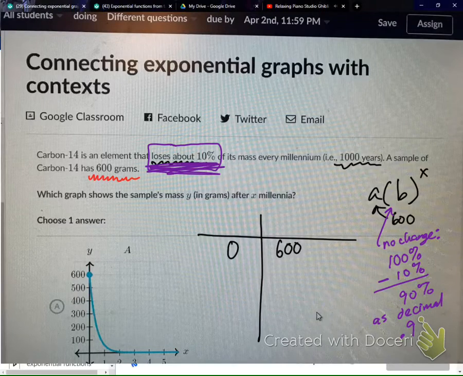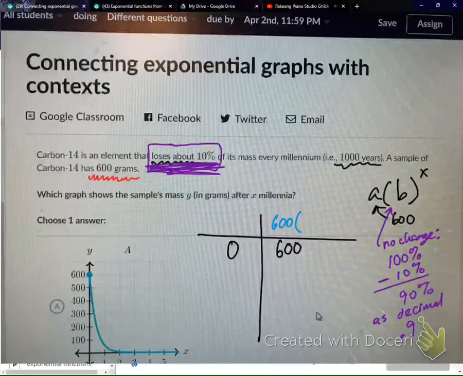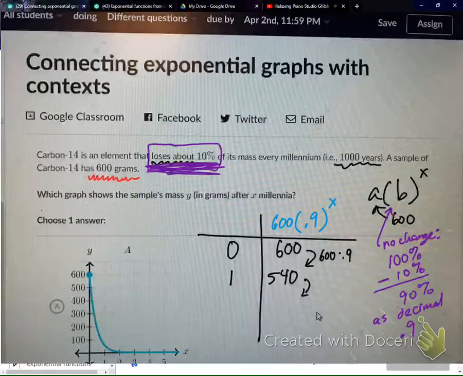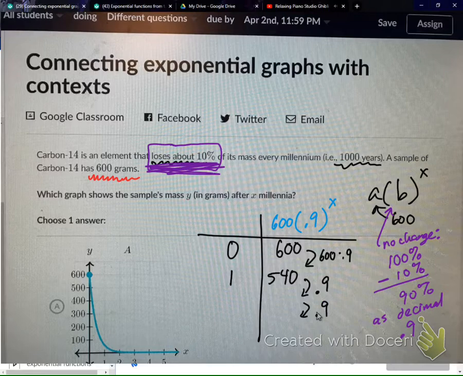So the equation I would write here would be 600, which was my starting amount, times 0.9 to the x. I'm not going to expect this graph to go down dramatically because we still have 90% left. It's a pretty good chunk each time, and I could start to fill out this graph by multiplying by that 0.9. So 600 times 0.9 gives me 540. And I could continue multiplying by that 0.9 each time to continue to find these values if you like.